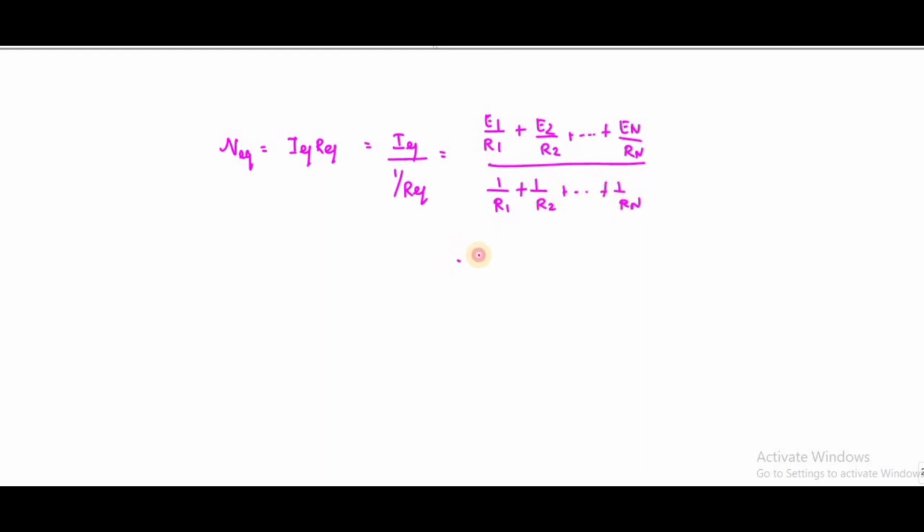So this I can write as the summation of Ei by Ri, where i is equal to 1 to n, divided by the summation of 1 divided by Ri. This is how we found the formula for Millman's theorem.